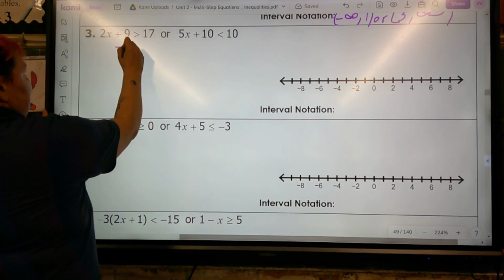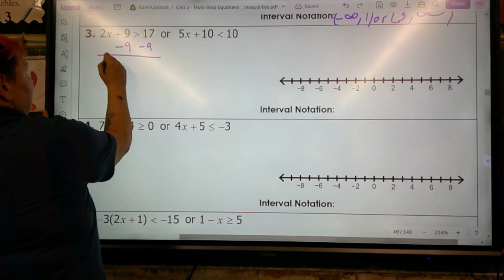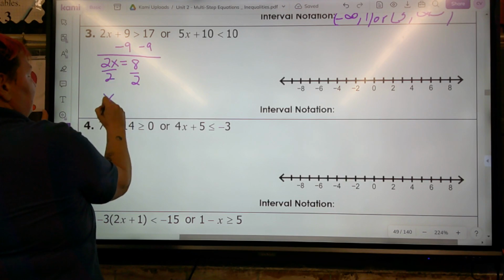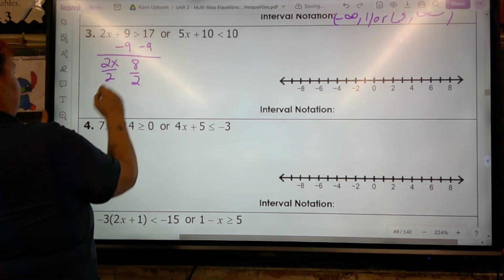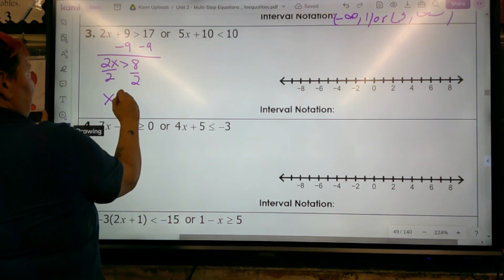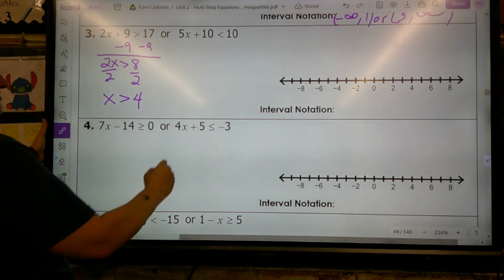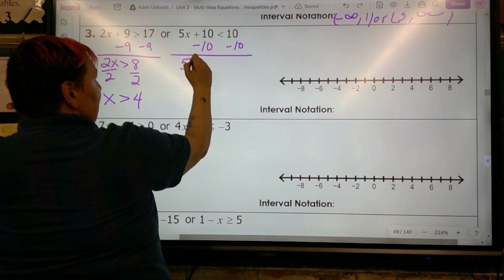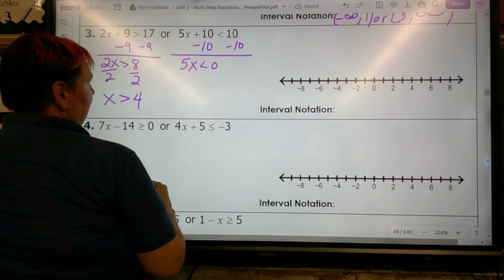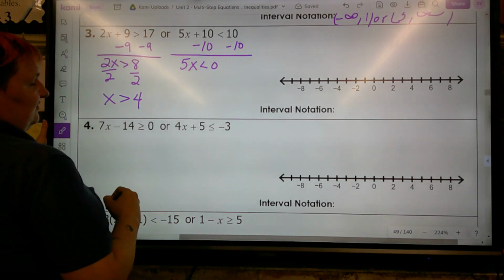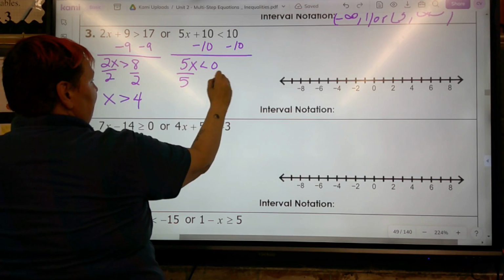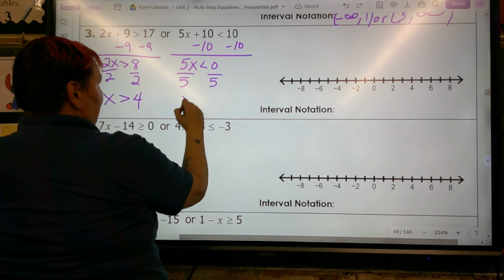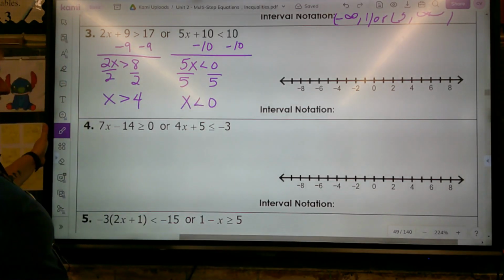Solve the inequalities. Oh, I put equals. It's not equals. It's greater than. Solve the inequalities. It's going to be 0. x is less than 0.